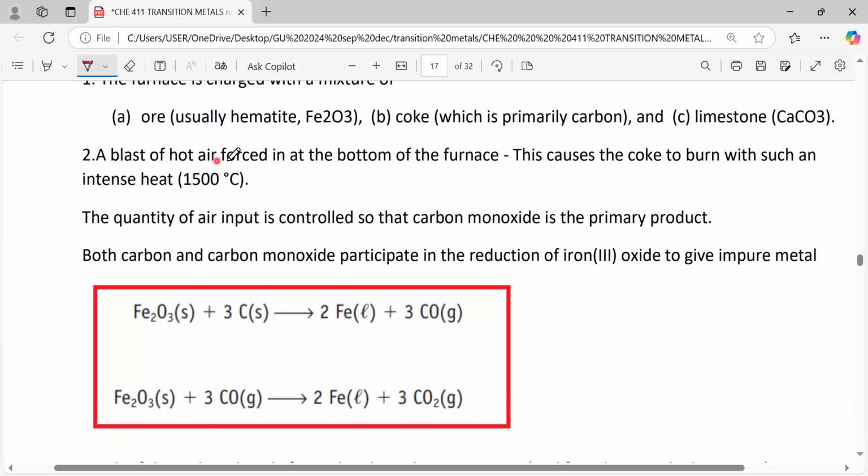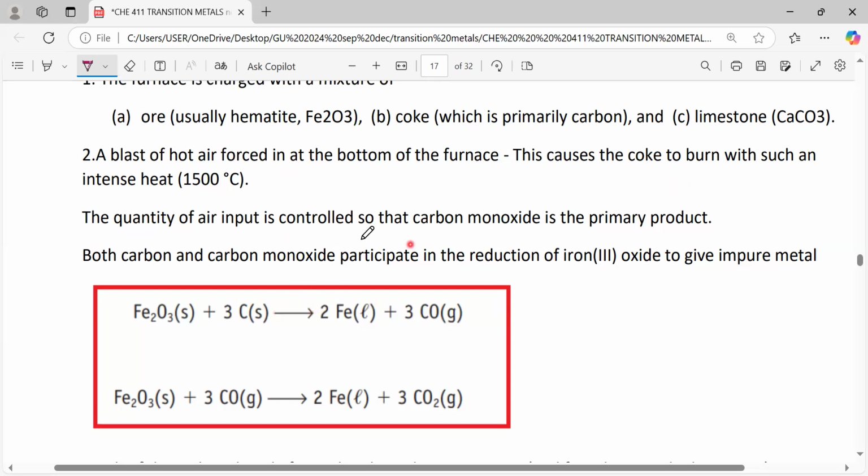You put in a very hot blast of air from the bottom of the furnace, and this causes the coke to burn at a very high temperature of around 1500 degrees. And the quantity of air input is controlled so that carbon monoxide remains the primary product. So you limit air so that you don't form CO2, you want CO, the monoxide.